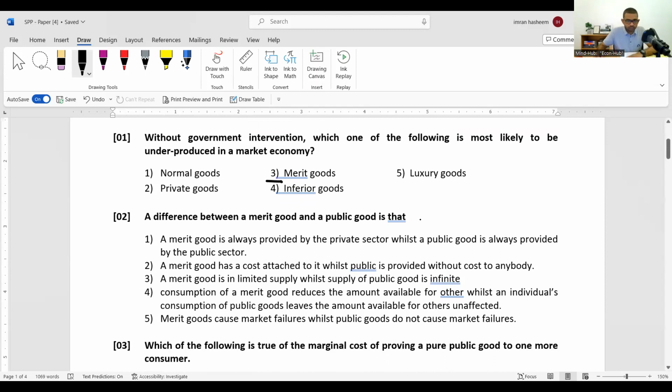Question 2. A difference between a merit good and a public good is... What is the difference between a merit good and a public good? One way to identify the difference is that merit goods, as well as demerit goods, are more often than not private goods.